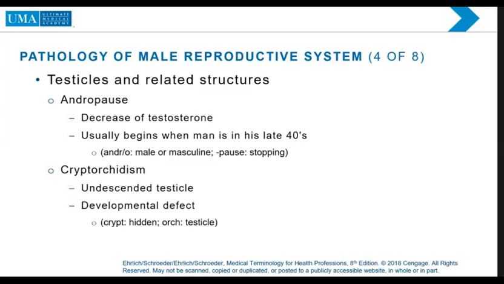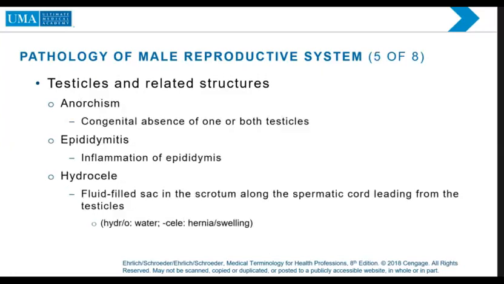Cryptorchidism is undescended testicles. This is a developmental defect. You see here that crypt means hidden and orch means testicles. A condition known as anorchism is a congenital absence of one or both testicles.